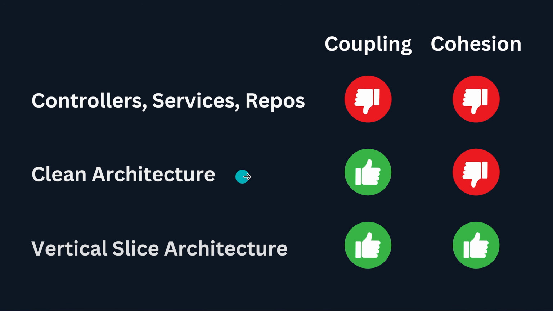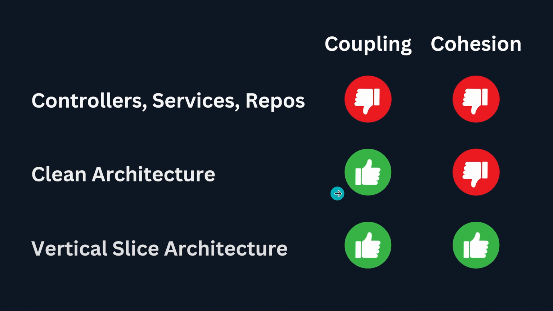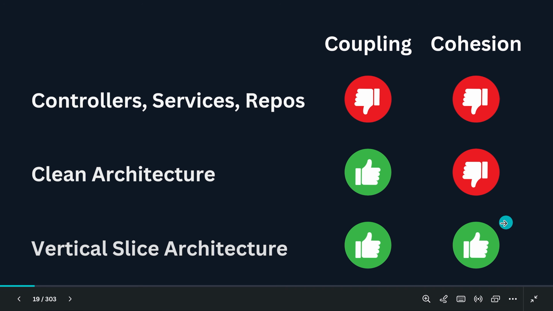In a clean architecture, coupling is rather loose, of course, but then regarding cohesion, it depends. You can, of course, make it better with the feature folder approach, but then when you have a look at the vertical slice architecture, coupling is very, very loose, and cohesion is very, very high.